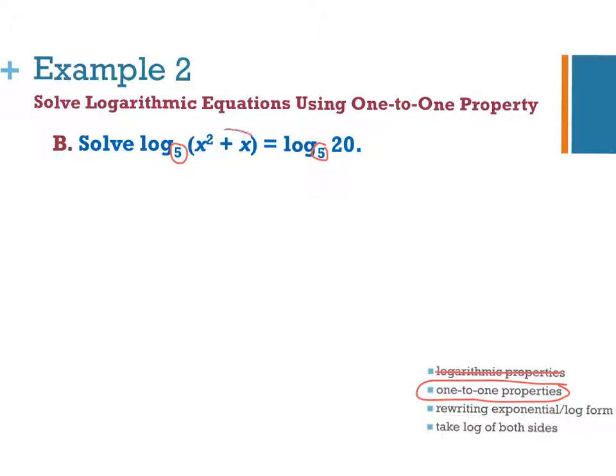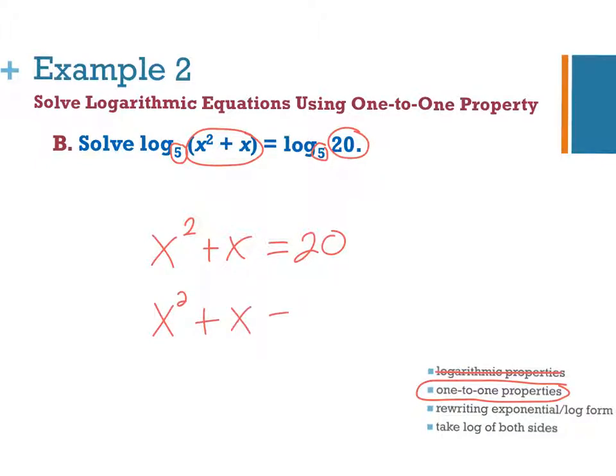This means I can set the insides equal to each other and solve for x. If I do this, I have x squared plus x equals 20. Notice we have a quadratic, and any quadratic we like to set equal to 0 to solve. So if I subtract 20 from the other side, I get this.